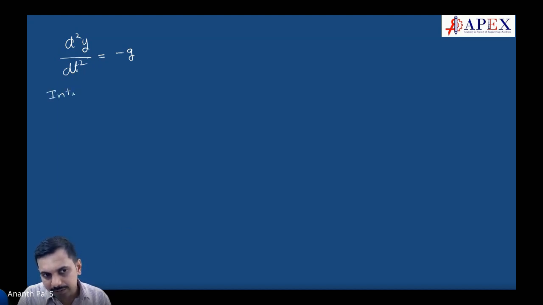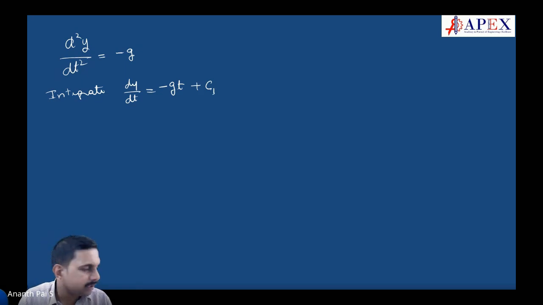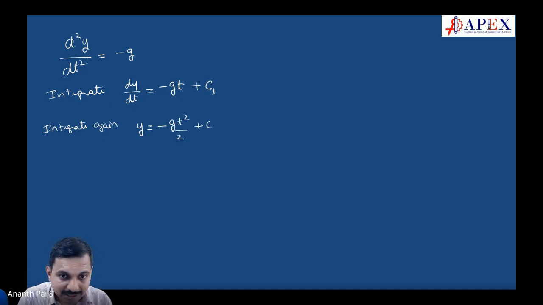When you integrate, you get dy by dt is equal to minus gt plus a constant, let us write c1. Then integrate again. We get y is equal to minus gt square by 2 plus c1 t plus c2.